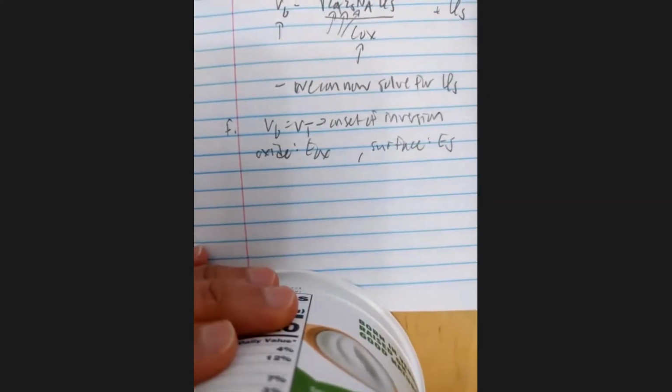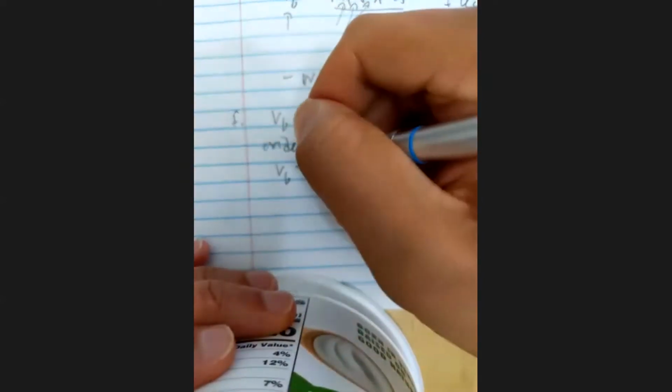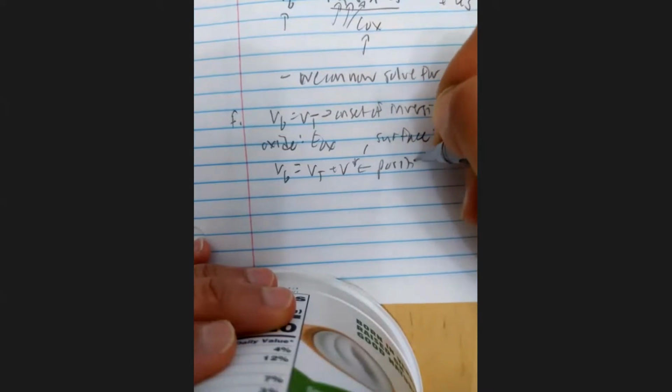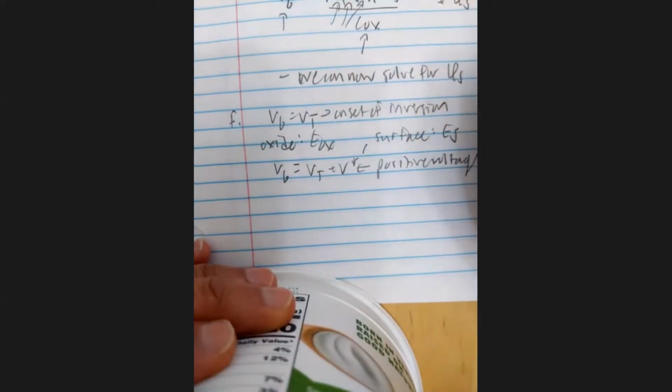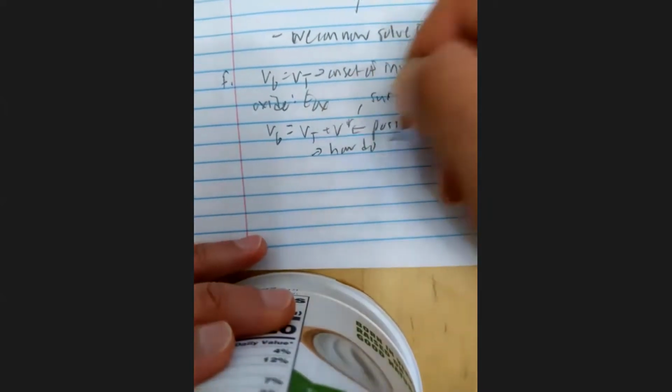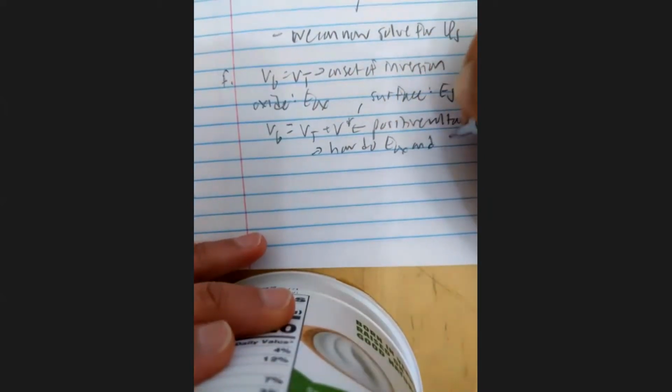And so now we're going to slightly increase VG to be VT plus V star, where this is some positive voltage. And so now we want to see, how do EOX and ES change?